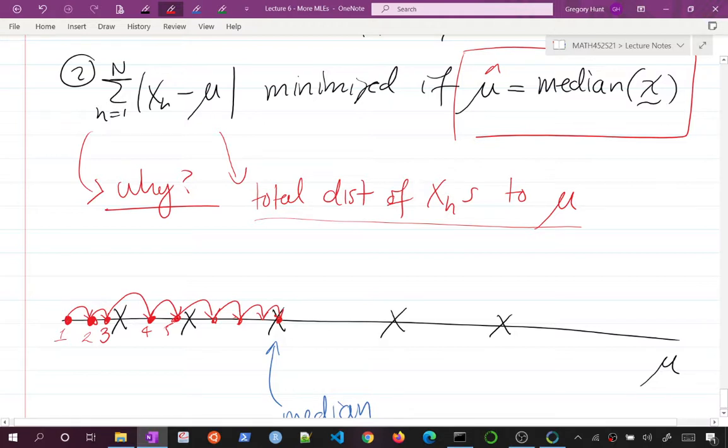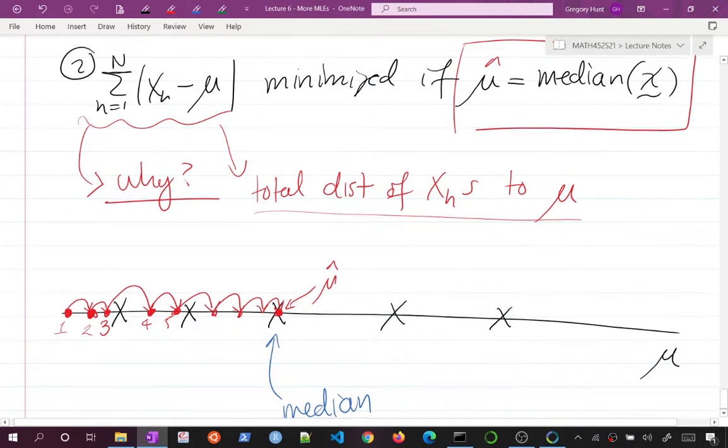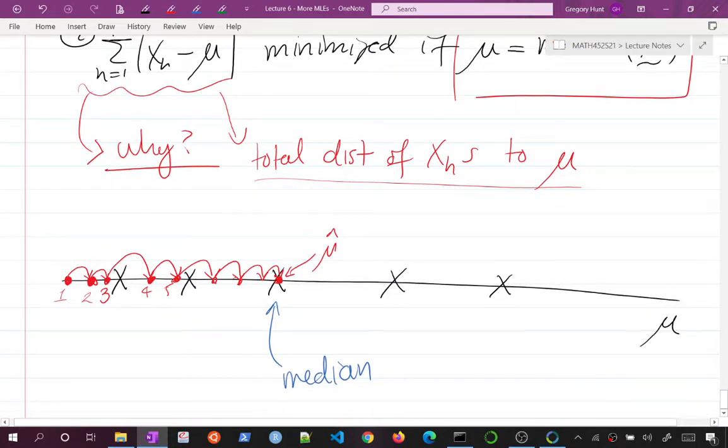Because if I moved either to the right or the left, I'll increase the distance to 3 points, and decrease it to only 2, and my total distance, that is the sum of the absolute values, would increase. And so if I want to minimize that sum of the absolute values, I should stick my mu hat right here at the median. That's a cute little pictorial proof. And that gets me my MLE of the median.